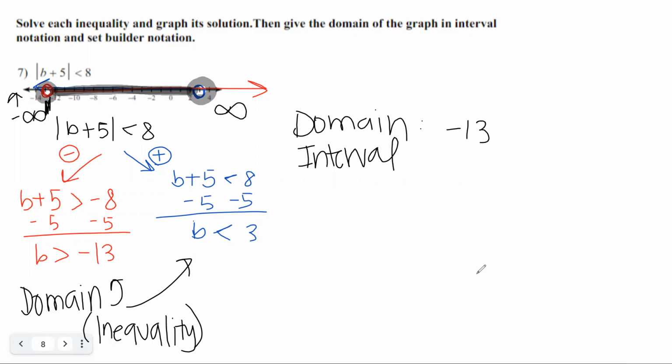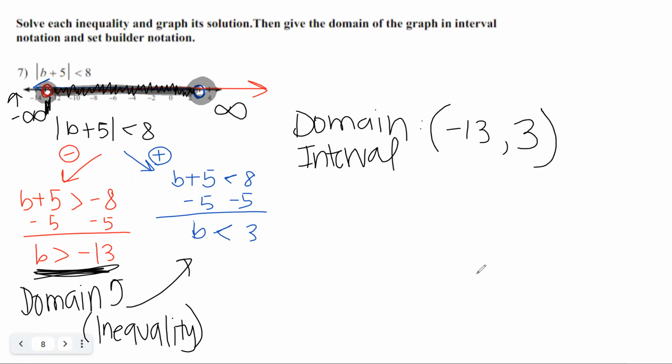And since negative 13 was not included, B has to be greater than negative 13, and there's an open circle. I'm going to use an open parenthesis. And then I can see that my graph is being shaded all along in here. And my graph keeps going and going and going until the number 3. I have another open circle, which means I have an open parenthesis.